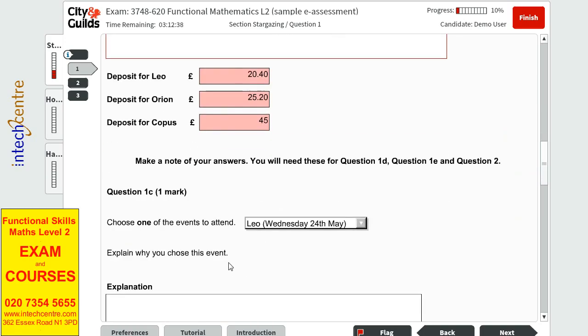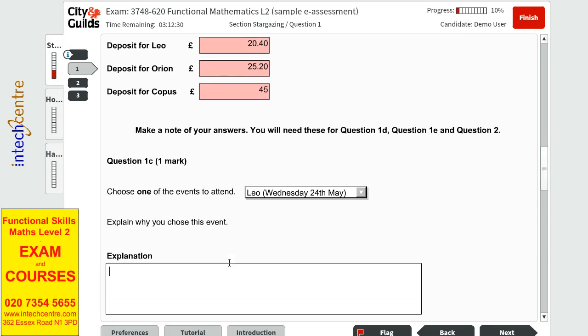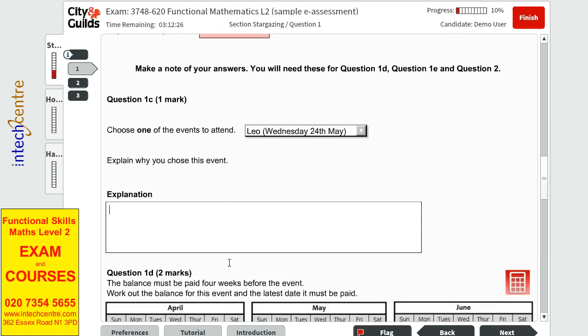So we'll pick Leo. As explanation, this is question 1C. You can write something, for example, like Leo because it's the cheapest event.